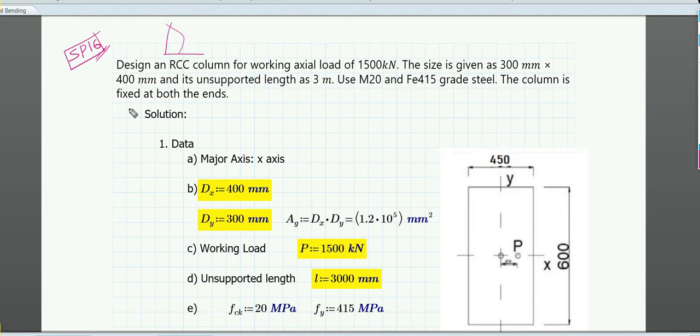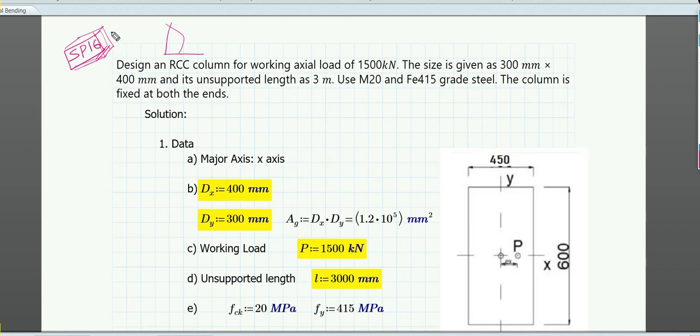As long as you are not using it for any commercial purpose, there is no issue. You can learn how to use SP16, and I would suggest that you please download and refer to this. It is not exactly a code, it is just a design aid to IS456.